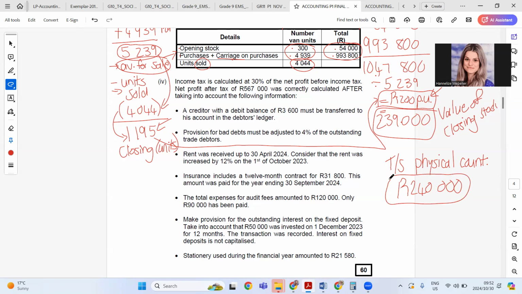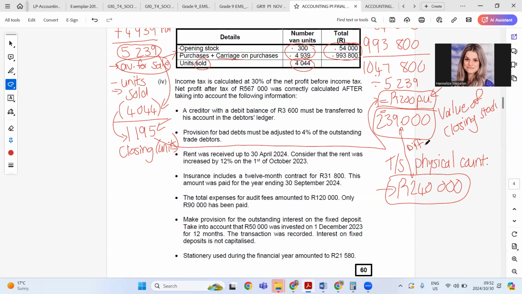According to your records you have 239,000, but when you physically counted the stock you saw that you have 240,000 Rand. So there is a 1,000 Rand difference.